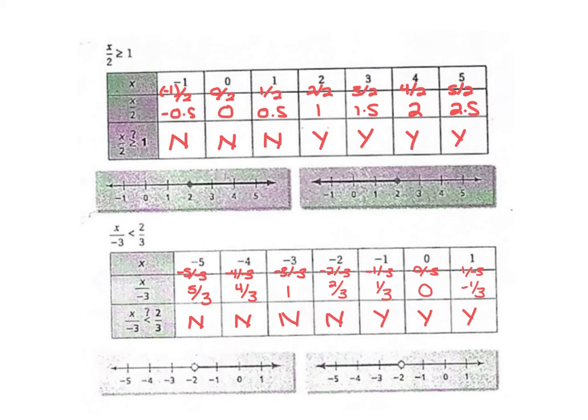For the next one, we found that the values of 2, 3, 4, and 5 all made the statement true. So therefore, this time, 2 is included, which would mean that it is shaded, and it was everything larger than 2. So here would be our solution to the inequality with the graph, because anything that was 2 or greater makes that inequality true.